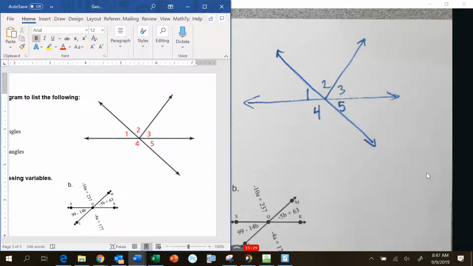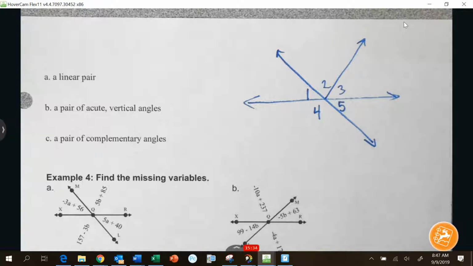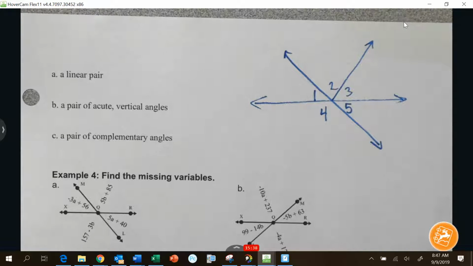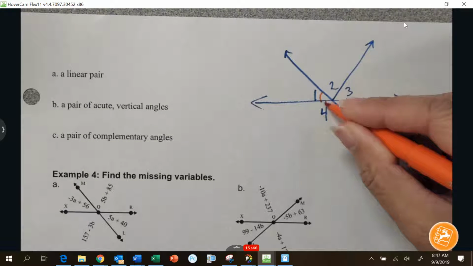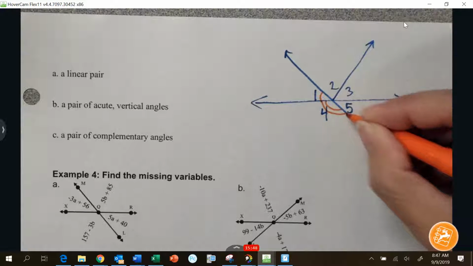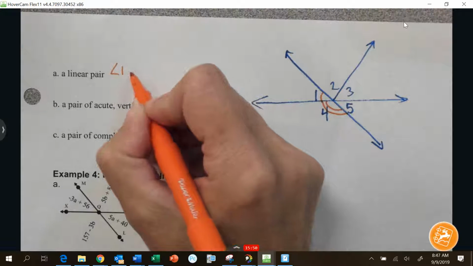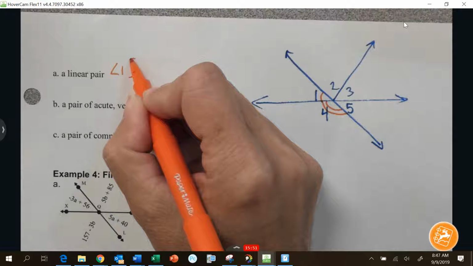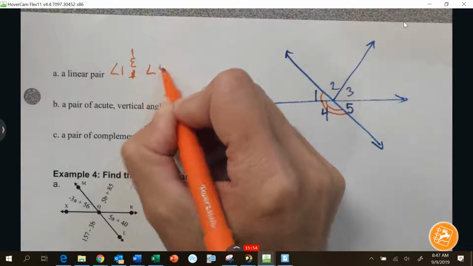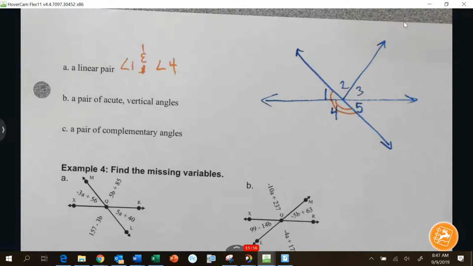So in this picture, do we have a linear pair? Two angles that form a line. What numbers? Angle 1 and angle 4 make a linear pair. Angle 1 and angle 4. Is that my only example of a linear pair?